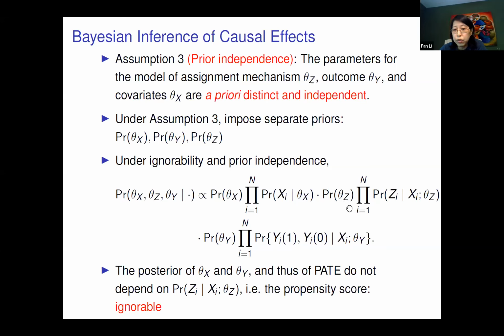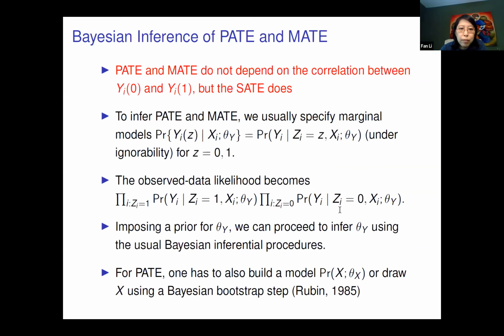That's actually why it's named ignorable. That's interesting. In Rubin's 78 paper, he called it ignorability. From a Bayesian perspective, the name ignorability sounds very natural, but if you're a frequentist, your propensity score is a big deal, so why is it ignorable? This is just a historical note here.